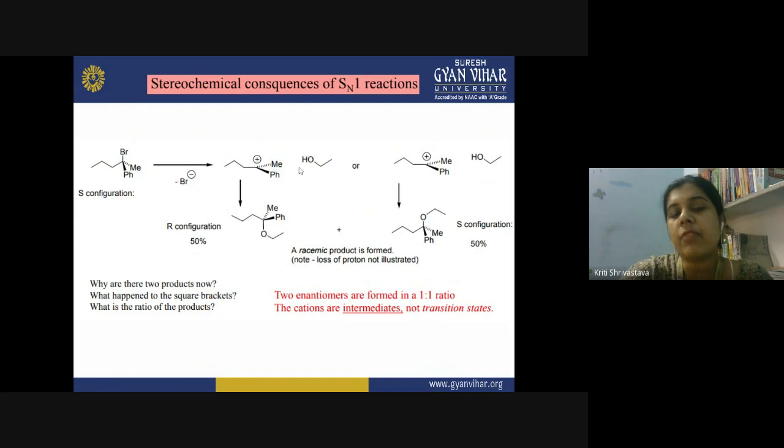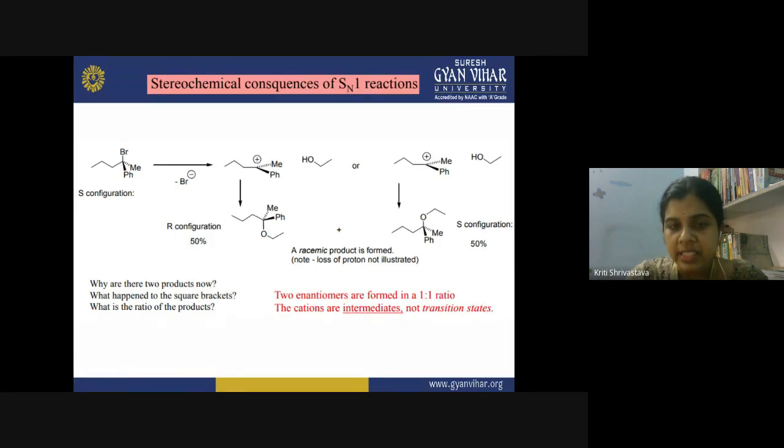So let us see the first case. When the nucleophile attacks the molecule from the lower side, you get an R configuration, and there is a 50-50 chance of this. The attack can be from above or below. So 50% R configuration is attained and 50% S configuration is attained.